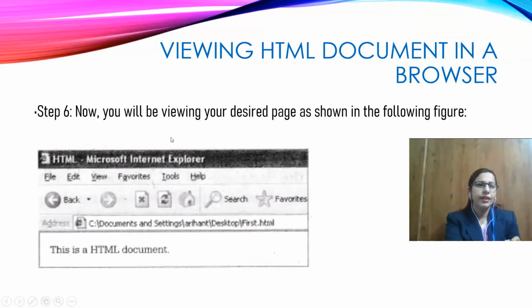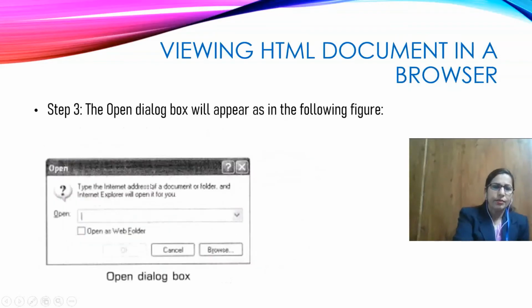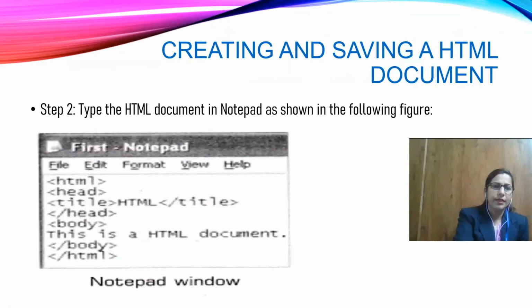Now you will view the desired web page, whatever you opened. I will go back to show you the code we have written. What we wrote for the title, HTML in caps, shows on the title bar of the web page.